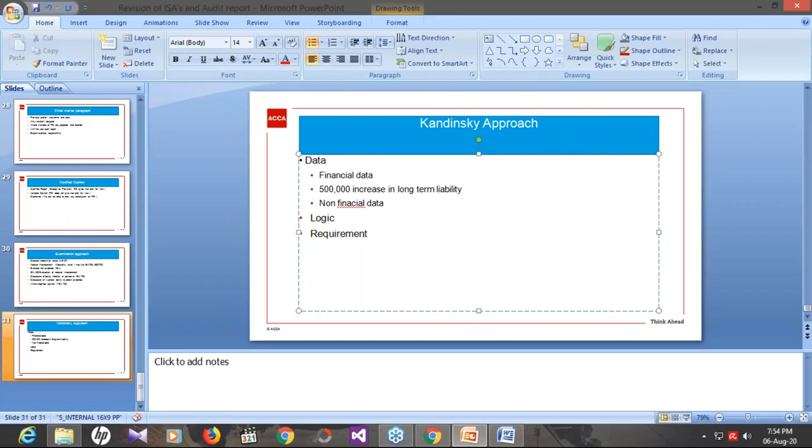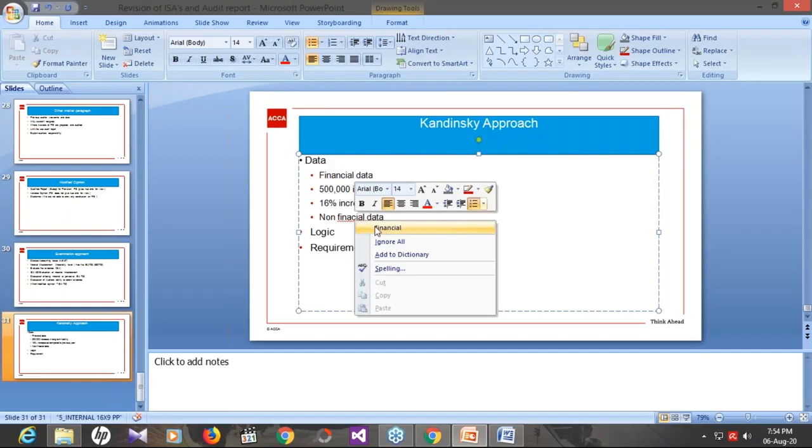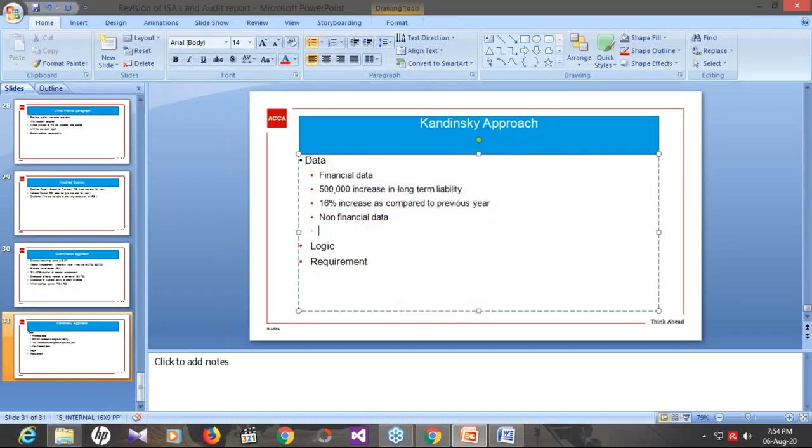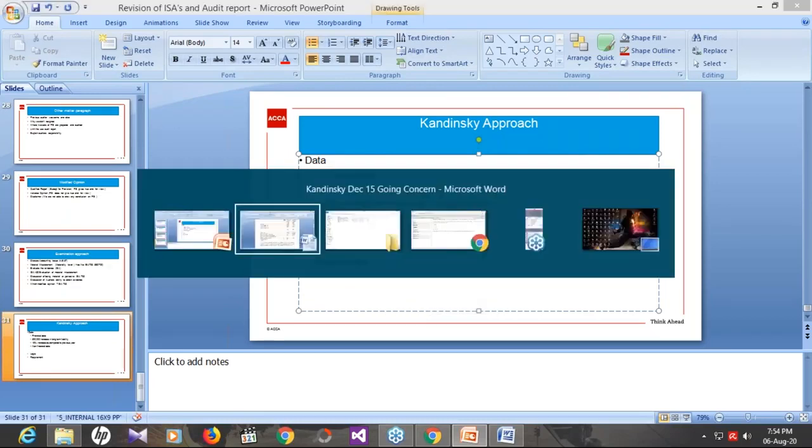Okay, can you calculate any percentage? Yes, you have calculated 16. This is a 16% increase as compared to the previous year. So these are the two aspects of financial data that we have, and there is some non-financial data as well. So let's go towards non-financial data.